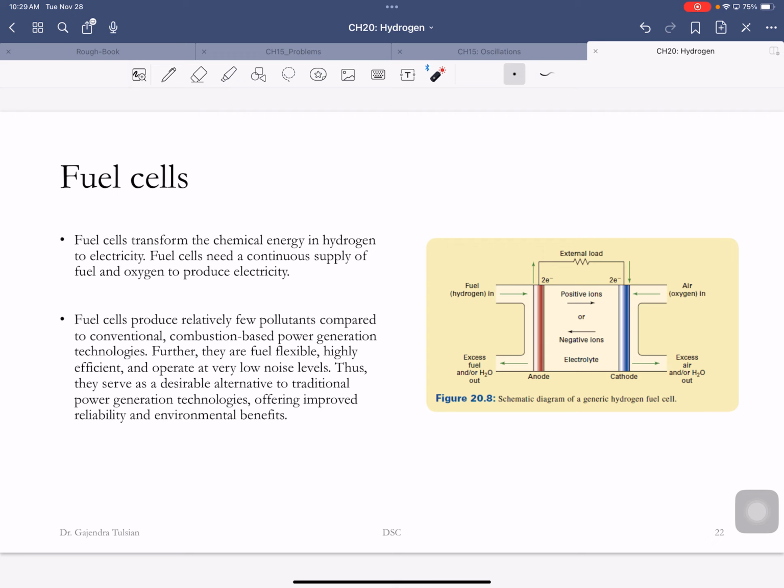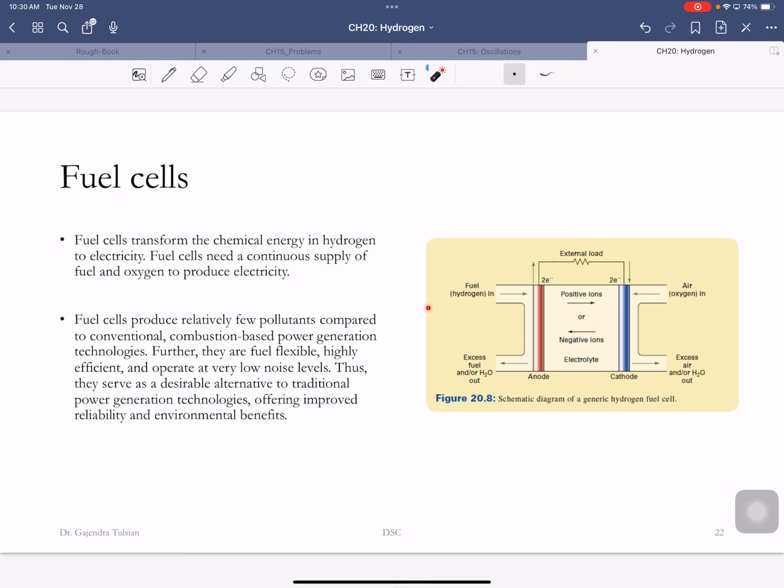All right, now I want to make sure you understand fuel cells. We're running out of time, but what do fuel cells do? They use hydrogen as fuel, and you need air, oxygen, to combine with the hydrogen, and then you're getting electricity.